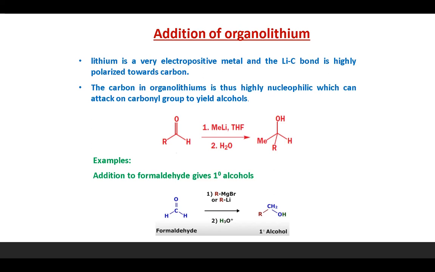For example, addition of organolithium to formaldehyde gives primary alcohols, as you can see in the second diagram. When formaldehyde reacts with RMgBr, followed by hydrolysis, it gives a 1° alcohol.